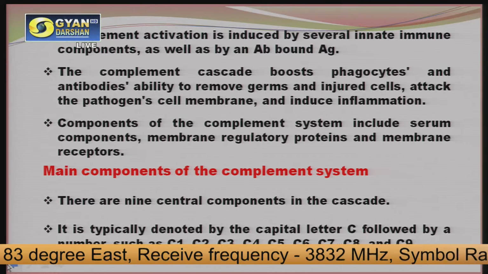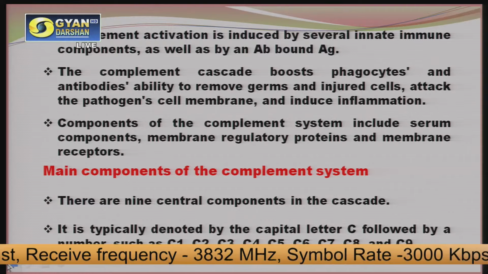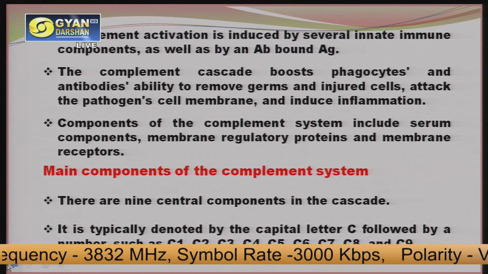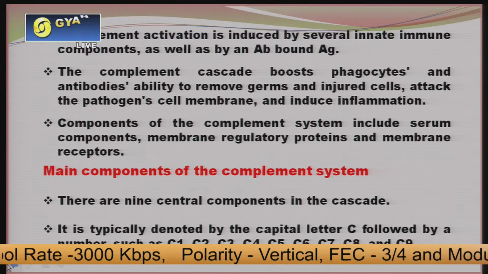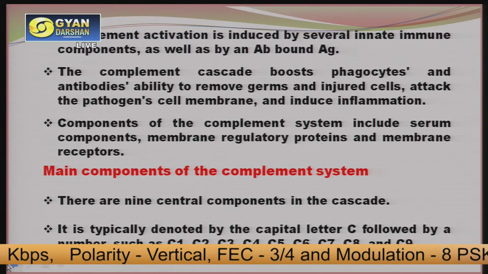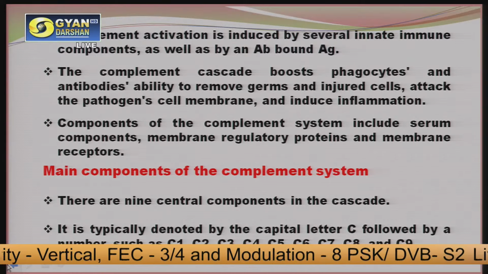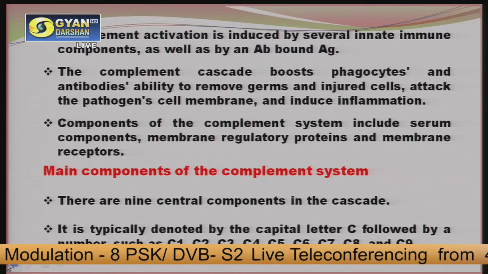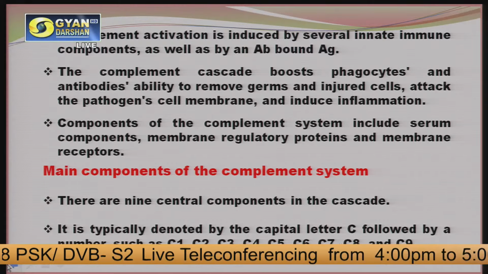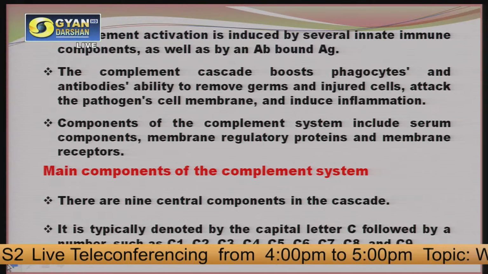The components of the complement system include the serum components, more than 20 proteins, as well as membrane regulatory proteins and membrane receptors. Of the main components, there are 9 central components in the cascade.